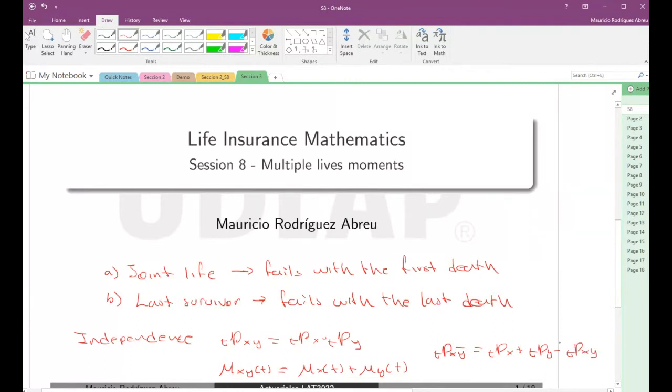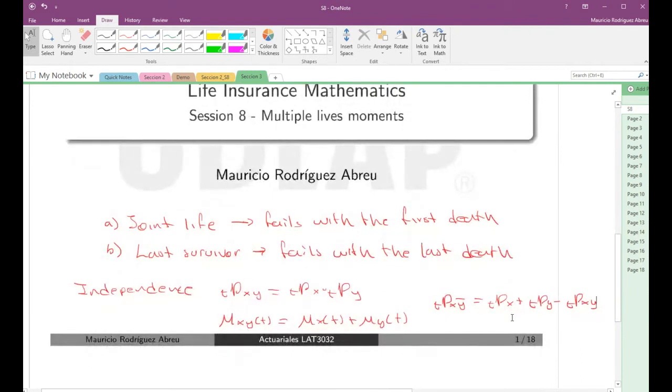So this is essentially what we learned last session, and these are things that we're going to use now to estimate life expectancy, well, joint life expectancy or life expectancy for last survivor, and moments that we probably want to estimate for these things.